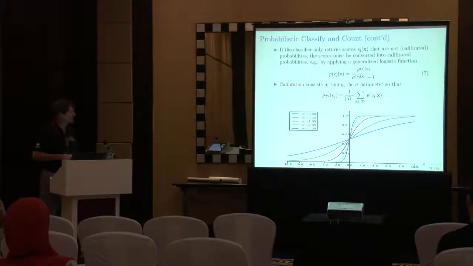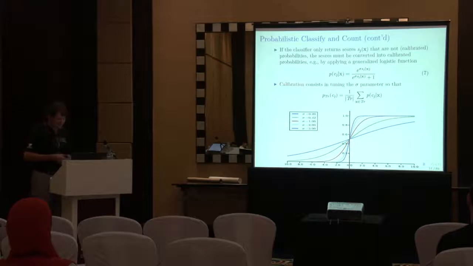Calibration consists in tuning this parameter in such a way that, if you have a training set of documents, the class prevalence in the training set is equivalent to the expected value of these probabilities, the average of the posterior probabilities over the whole training set.